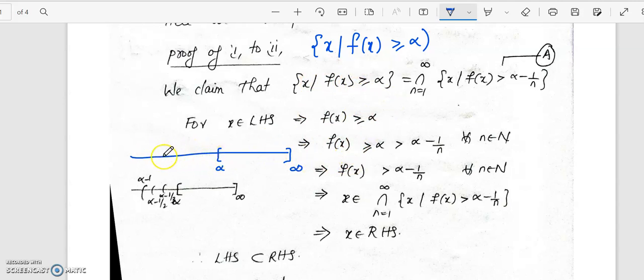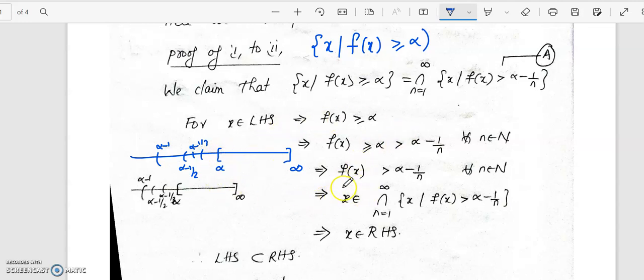Now, if this is alpha minus 1, then this will be alpha minus 1 by 2, then alpha minus 1 by 3 will be here, alpha minus 1 by 4, and so on, alpha minus 1 by n.